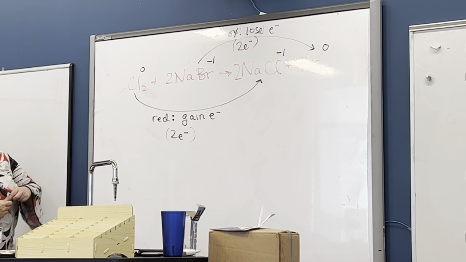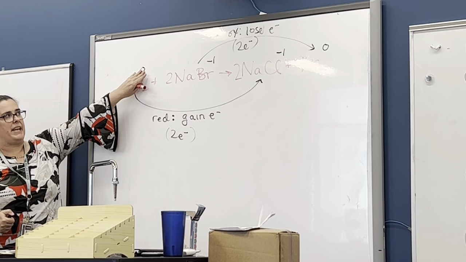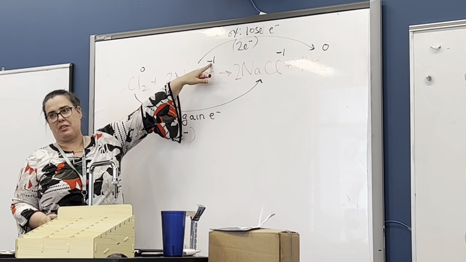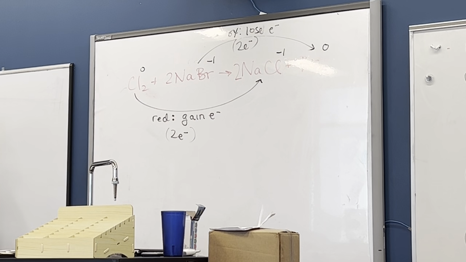Because of the coefficient, because there are 2 chlorine atoms, each of which is gaining 1 electron, and because there are 2 bromide atoms, each of which is losing 1 electron. What do you notice about the number of electrons gained and lost? It's the same. It will always be the same. It is in fact a rule.